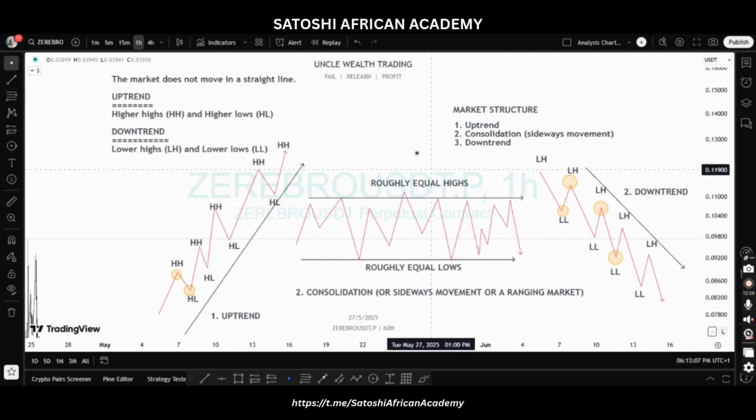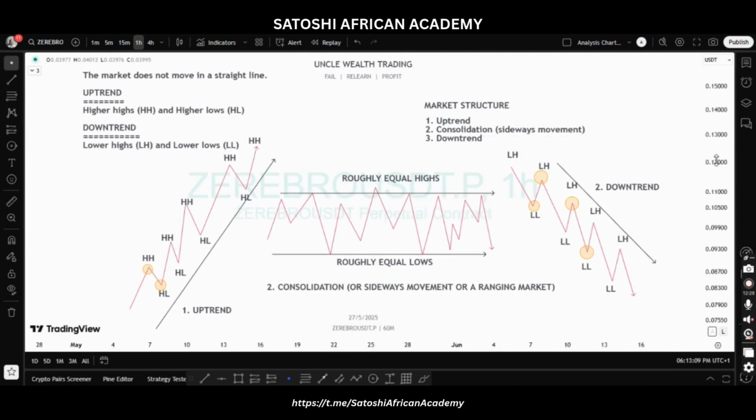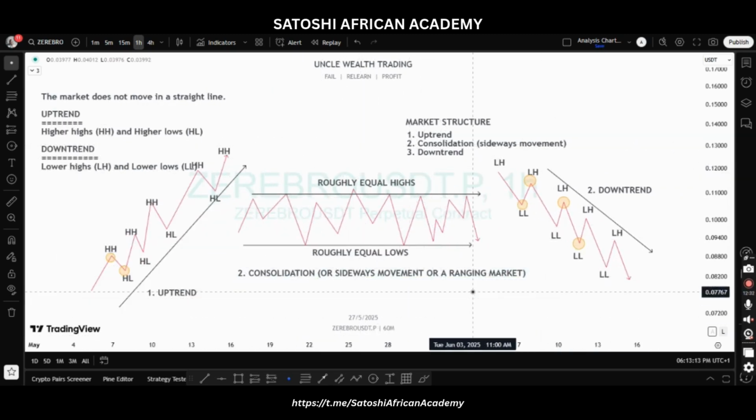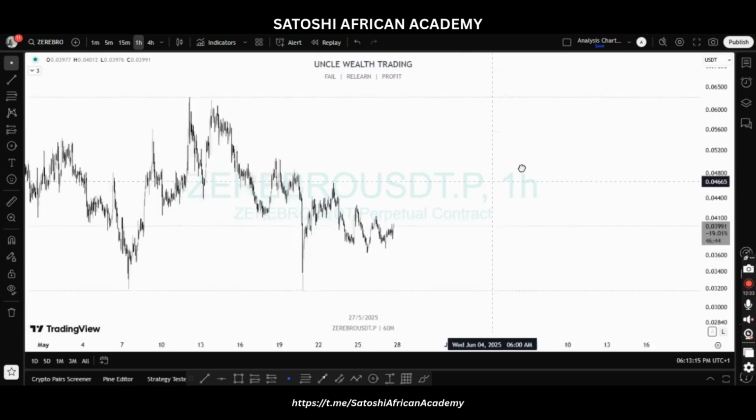So that is all you need to know about market structure. But how about we see them on the chart? All right, let's go to the charts.